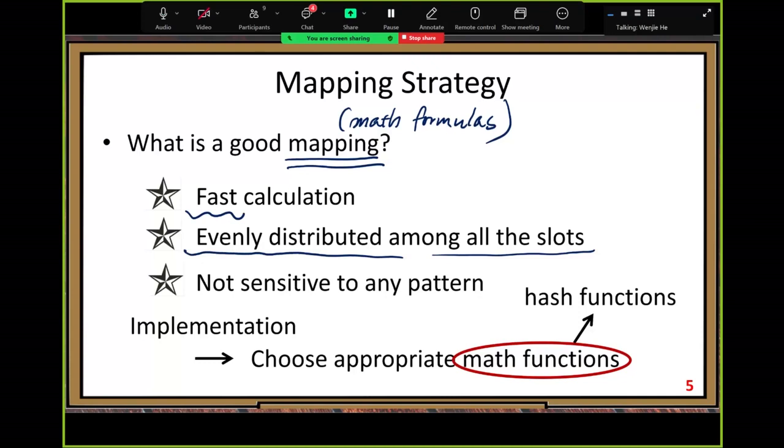So the whole data structure search algorithm is almost there. Not much work. Here you can see the method is very simple. But the result is very good.